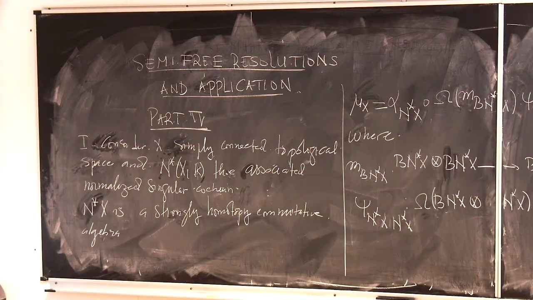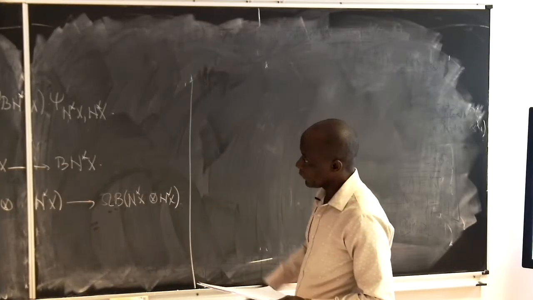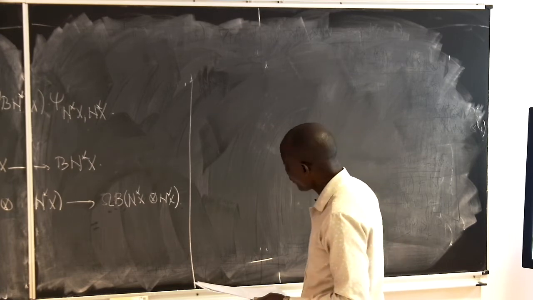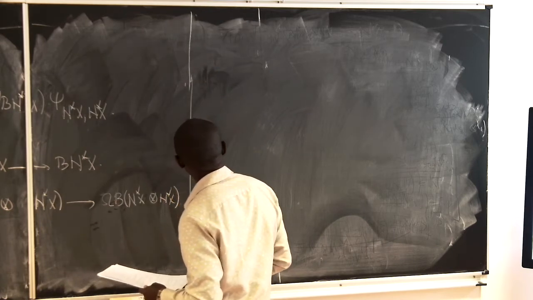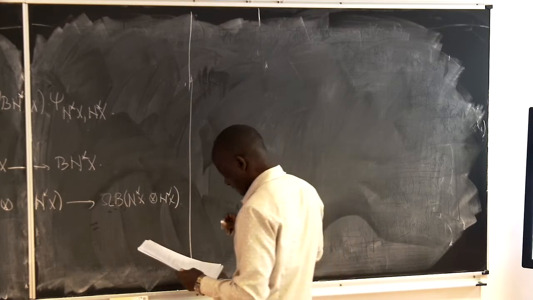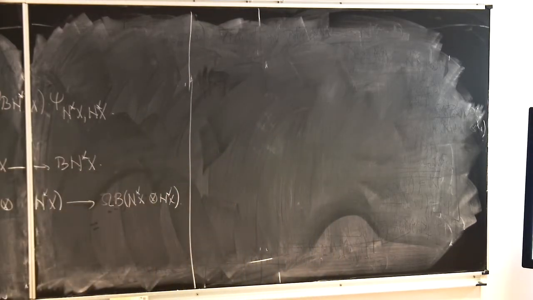So by using this structure of strongly homotopy commutative algebra on NX, we are going to construct the algebra structure on the Hochschild homology. So this is the first thing that we saw.